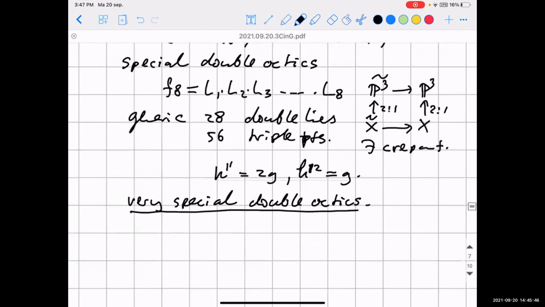And of course, there are many cases to consider. There still exists a crepant resolution if there are no fourfold lines, sorry.